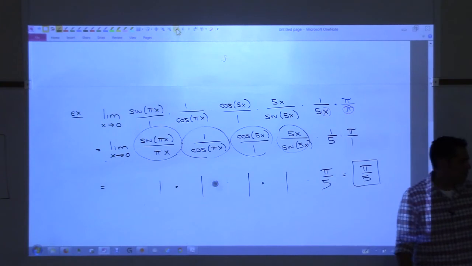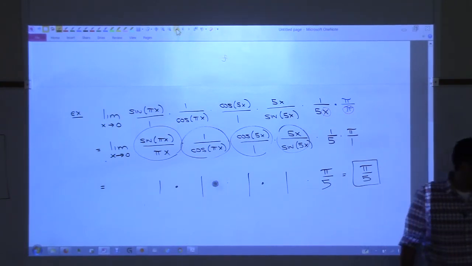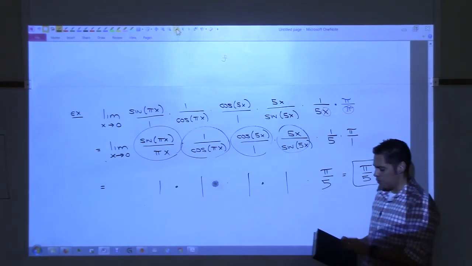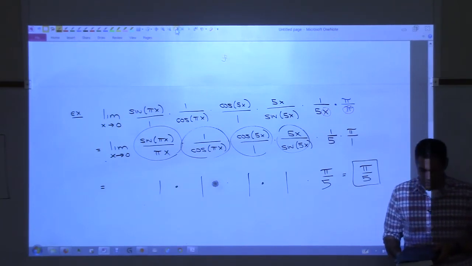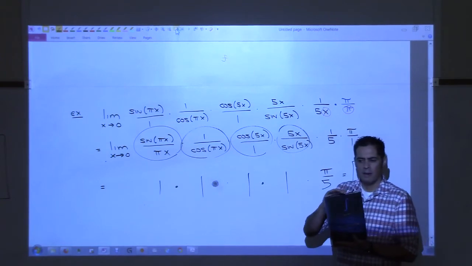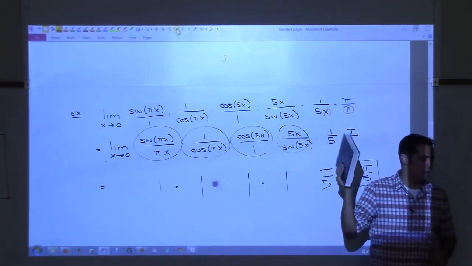There's only a few problems in the book that cover this topic. That's one of the reasons why I'm not a huge fan of this book. The author is great, James Stewart, great author. But this is kind of like a condensed calculus book. This is Cal 1, Cal 2, and Cal 3, all in this book.